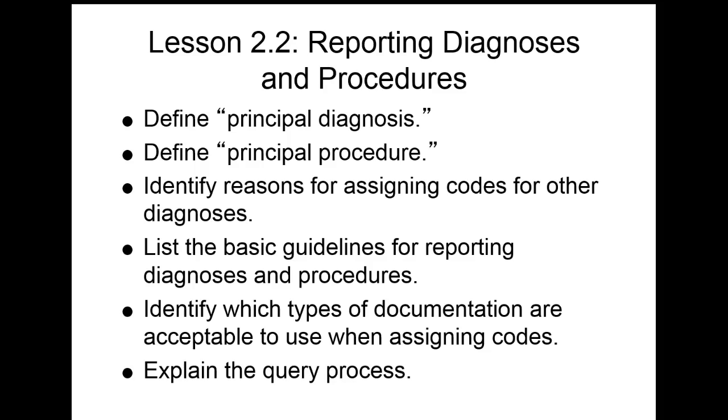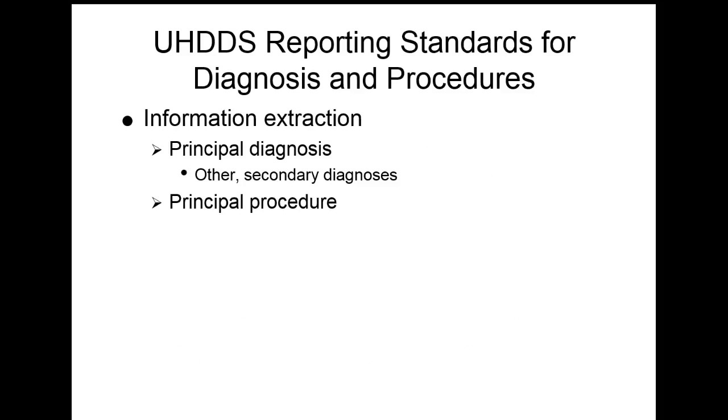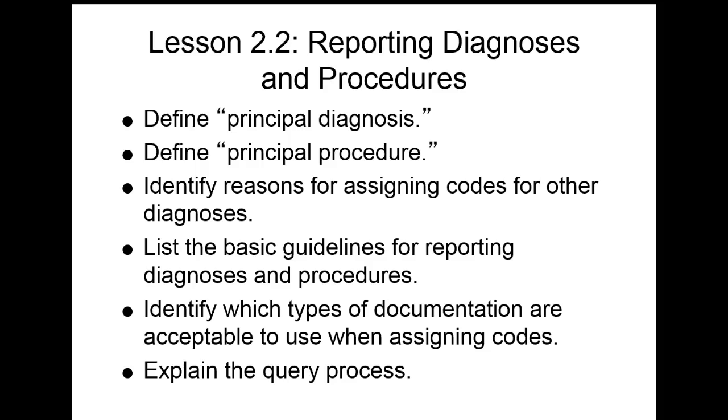So the first thing we want to talk about is when we are coding, and your book tells you this on page 35, that it's the responsibility of a coder to extract from that health record the diagnoses for which the patient's being treated and the procedures that have been performed.